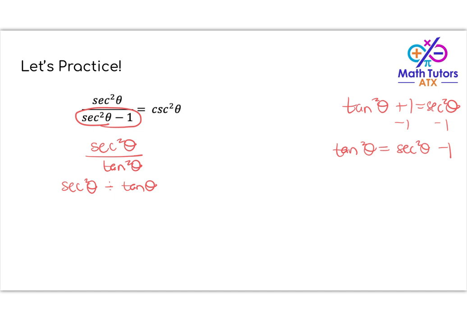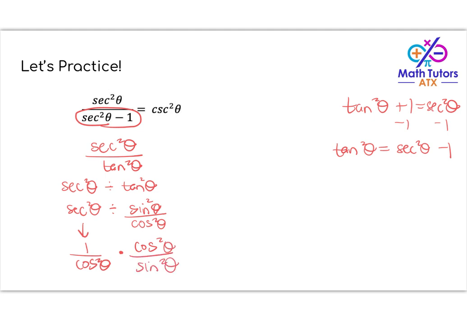So let's see, secant squared divided by, I'm going to write this as sine over cosine, oops, this is squared. And then I'm going to think about the fact that secant squared is 1 over cosine squared. And then dividing by a fraction is the same thing as multiplying by its reciprocal, and so I'm writing it like this.